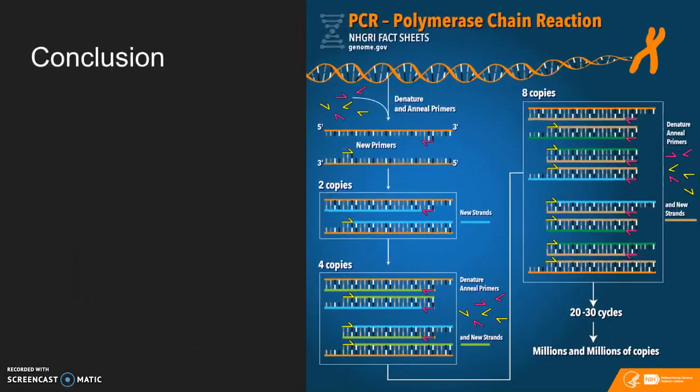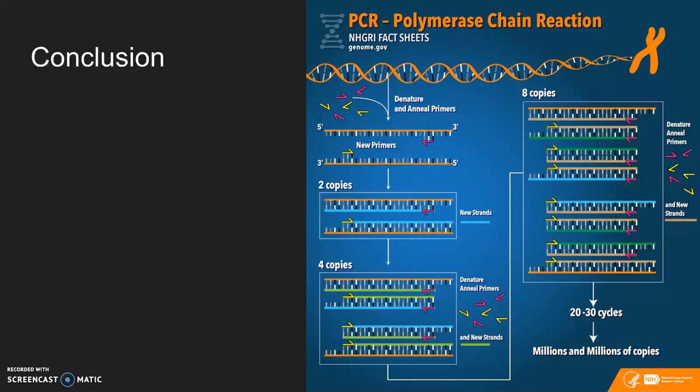Without PCR, projects like the Human Genome Project would have taken forever to complete, and paternity testing would still be something of a luxury. So in conclusion, PCR is an enzymatic process in which a specific region of DNA is replicated to yield many copies of a particular sequence. There are three major steps in PCR: denaturation, annealing, and elongation.